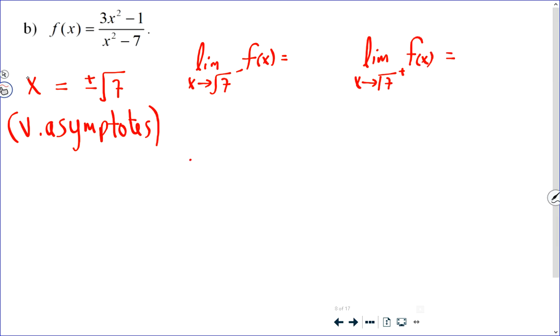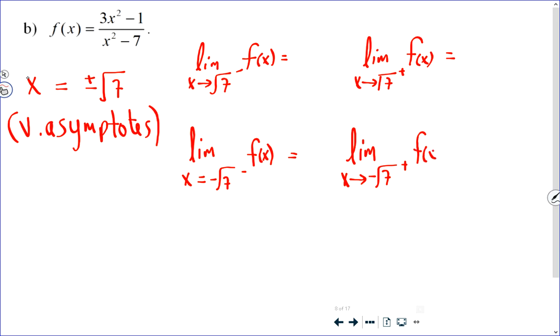And we need to determine the limit as x approaches negative root 7 from the left of the function. And we need to determine the limit as x approaches negative root 7 from the right of the function.